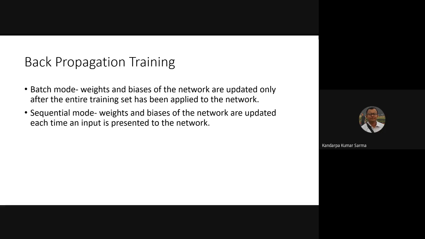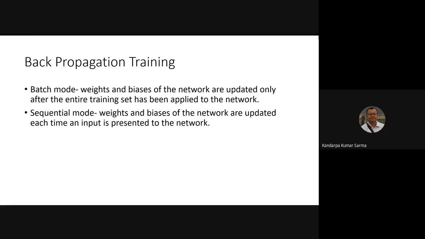Now, in the sequential mode, you will give one pattern and one class code at a time. The class codes and the pattern codes will come in a sequence 1, 2, 3, 4. So the first pattern comes, second pattern comes, third pattern comes.